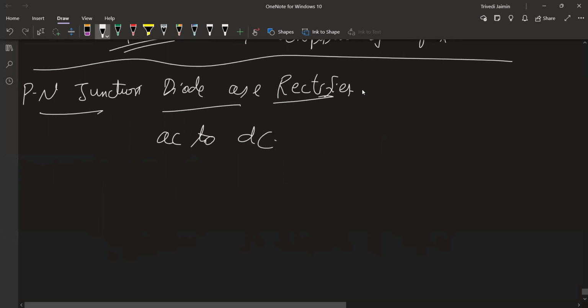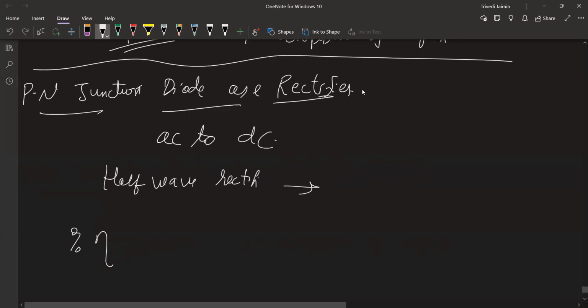Rectifier converts AC to DC. So half wave rectifier, what happens? It's very simple. The PN junction diode rectifies half of the signal. That's it. So it is a half wave rectifier.